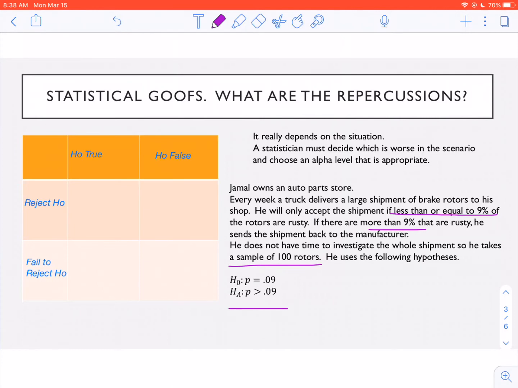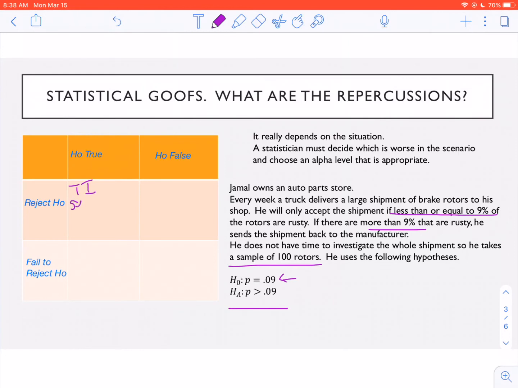Let's look at our chart and see what that would mean. If H naught is true, in other words, the proportion of rusty rotors is equal to 9% or less, and I reject that, that is going to be a type 1 error. That means Jamal will send back the shipment even though the shipment is good.